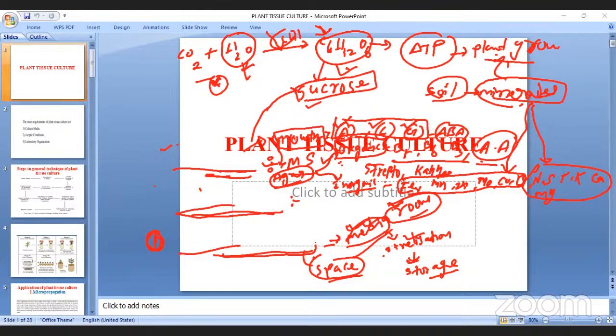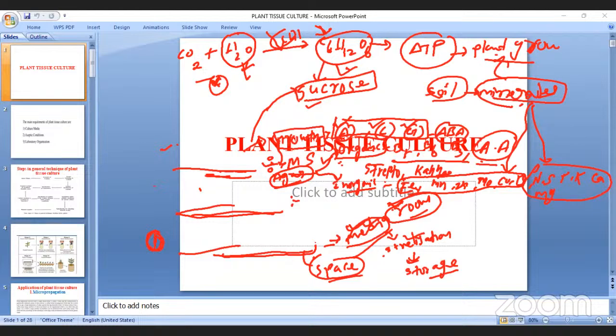But if you do not provide aseptic conditions, what will happen? The entire culture media will be contaminated, and that's why the tissue culture does not grow.